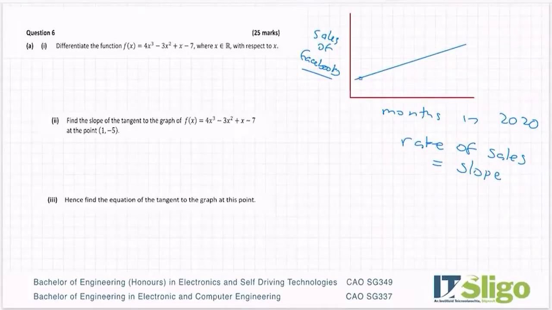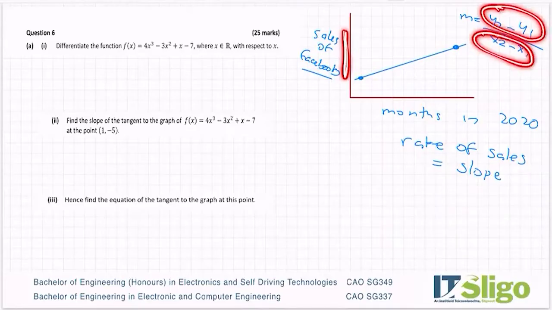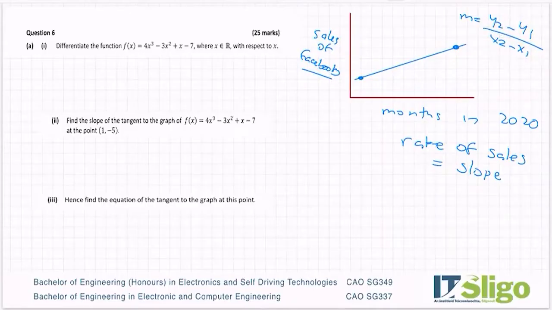Well, I would take 2 points on it, and I would go y2 minus y1 over x2 minus x1, the slope formula. Or you would do rise over run, which is the same thing, y being rise and run being the x-axis. Whichever way you get slope, you all know how to do that.